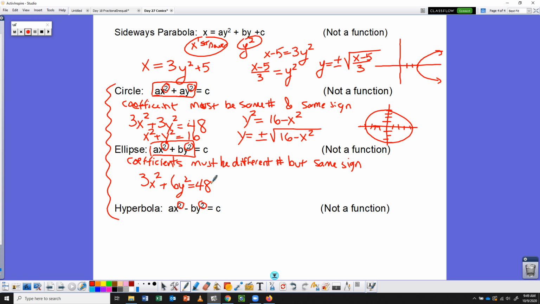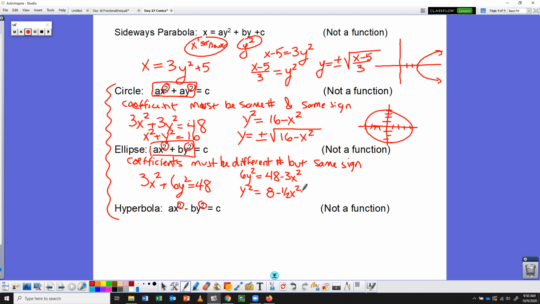So again, to be able to graph this on your graphing calculator, you'd have to get the equation solved for y. That would involve moving the 3x squared over to the other side. So you'd have 48 minus 3x squared. Then you'd want to divide both sides of the equation by 6. So y squared equals 8 minus 1/2 x squared.